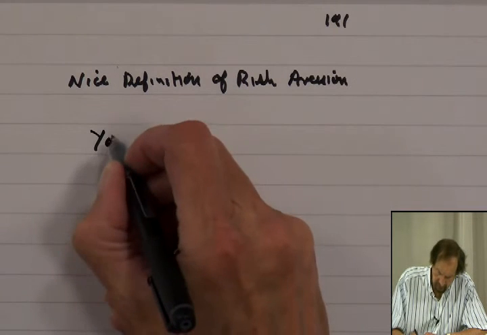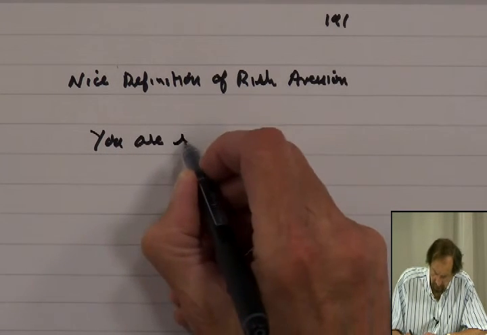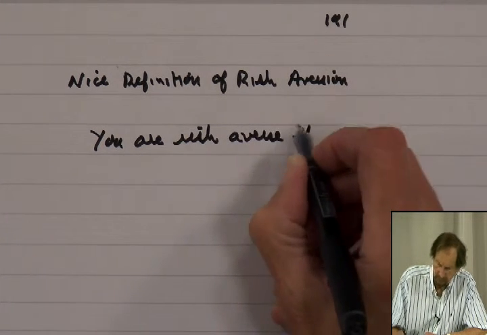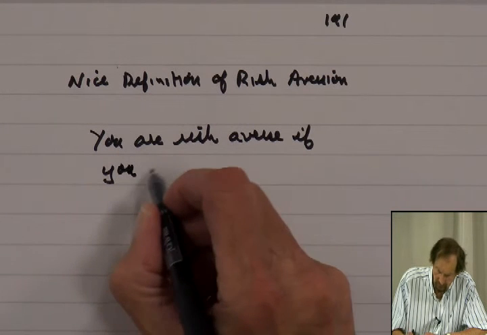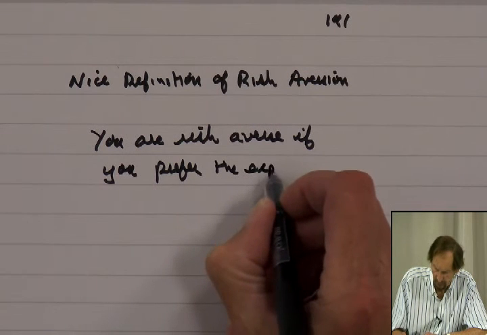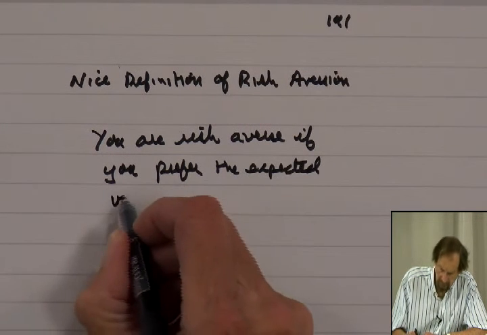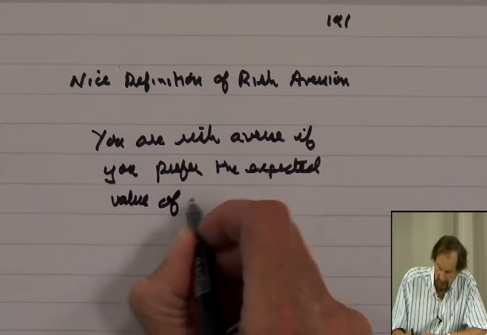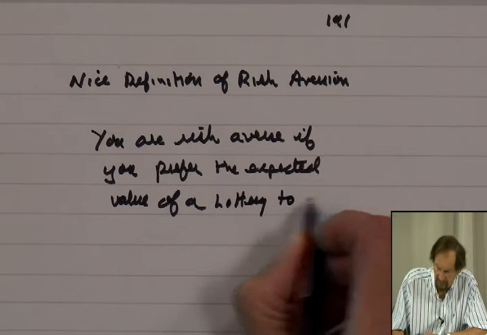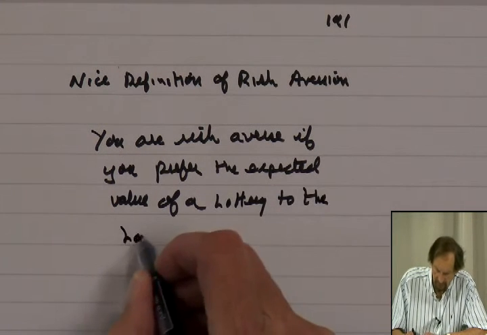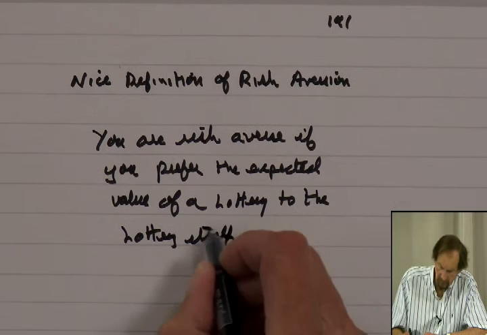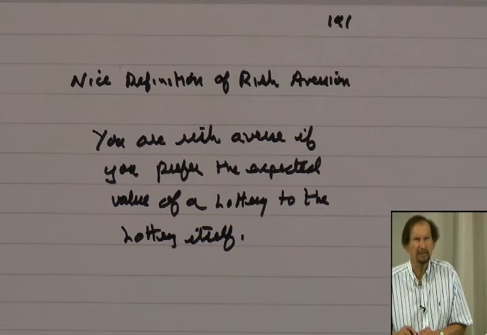You are risk averse if you prefer the expected value of a lottery to the lottery itself. In other words, you would rather get the money than play the lottery.